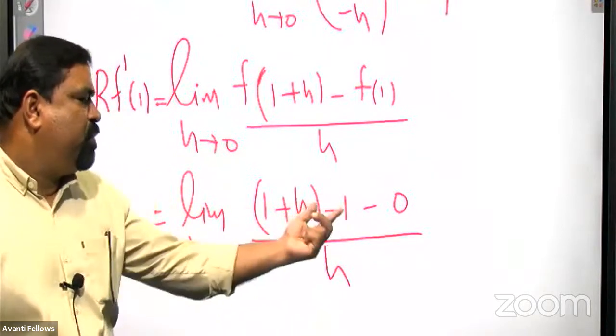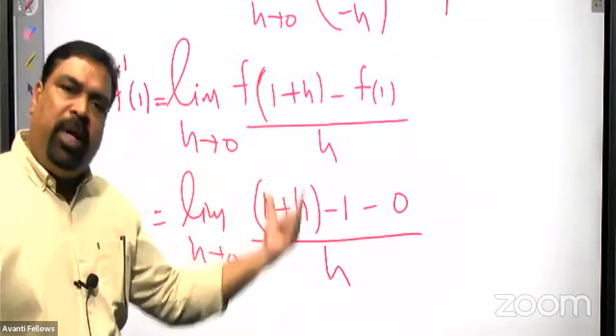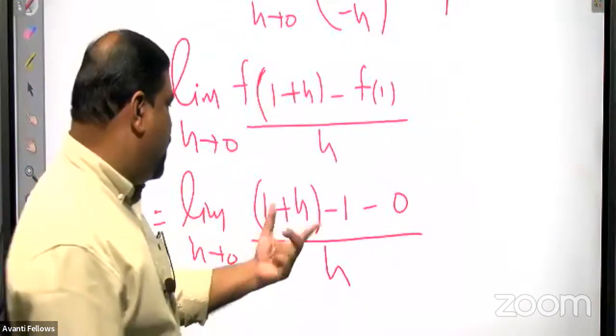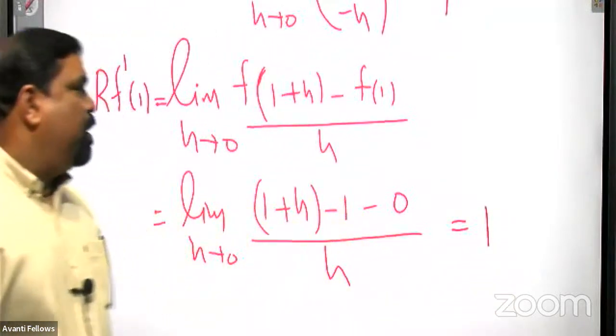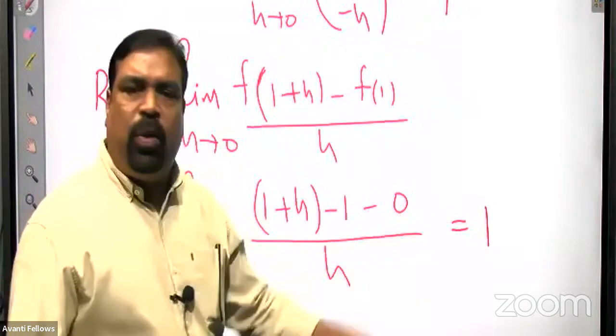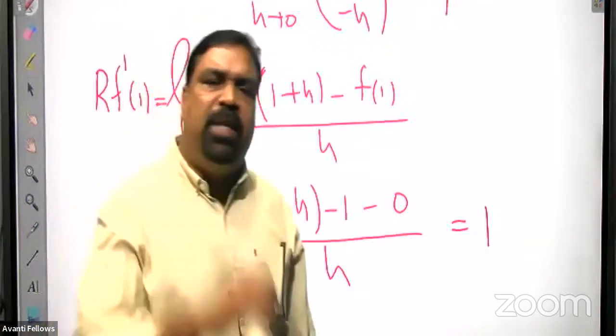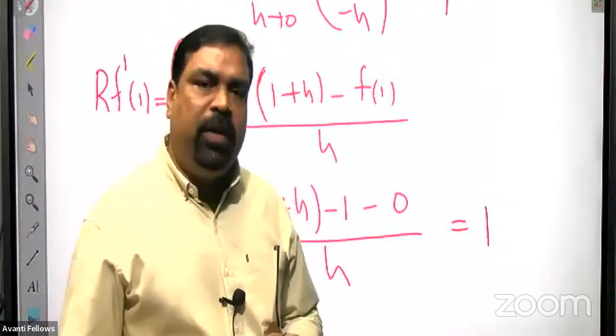So 1 plus h minus 1 means h. So h by h means 1. So limit of 1 means 1. So left hand derivative is again here minus 1. Right hand derivative is 1. So very clearly both are not equal. So mod x minus 1 is not differentiable at the point 1.